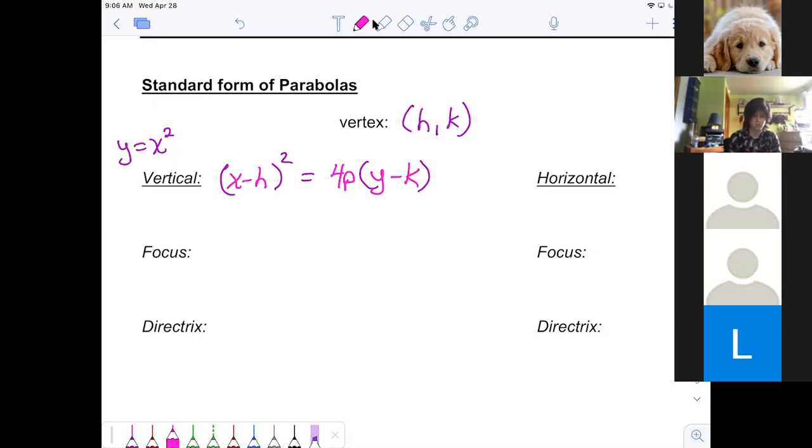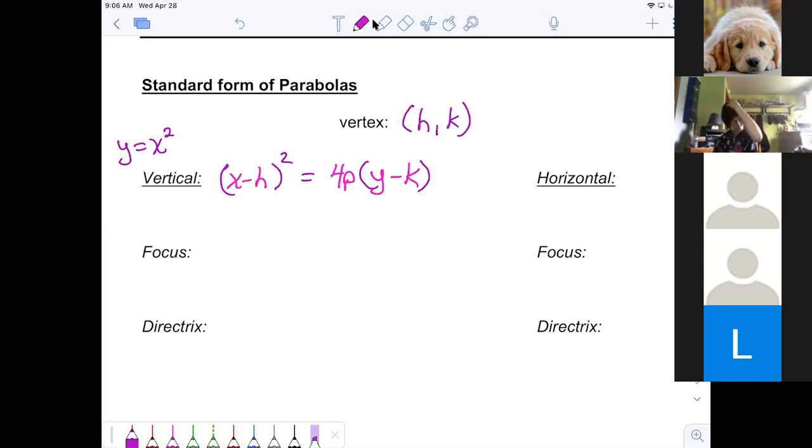So Peter, you were giving me the correct algebraic form with that x being squared, that x minus h squared. But in the conic definition of a standard form of a parabola, x minus h squared is on the left, on the right is 4p, and that p is the distance from the focus to the vertex or the directrix to the vertex, and then y minus k.